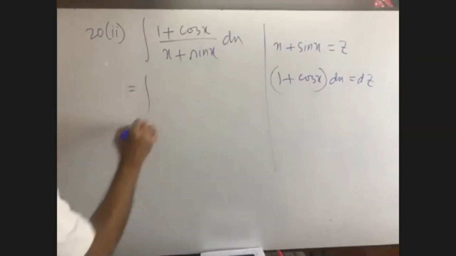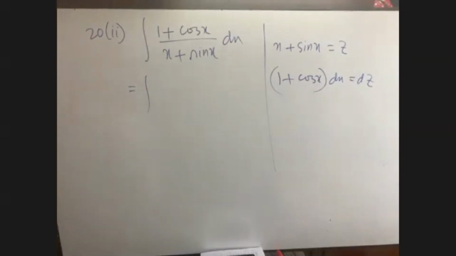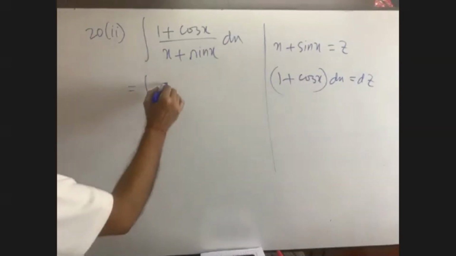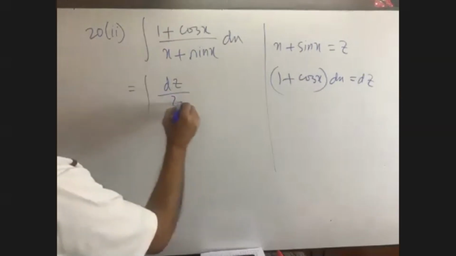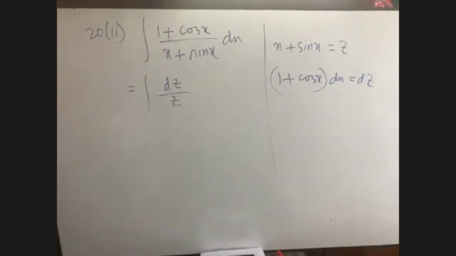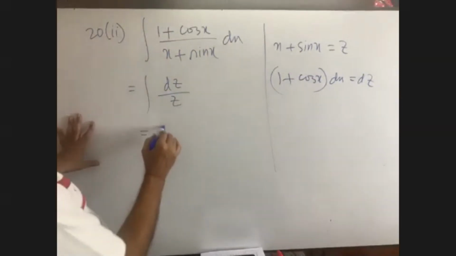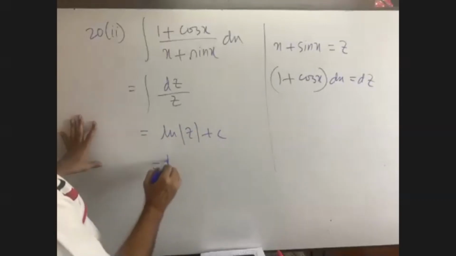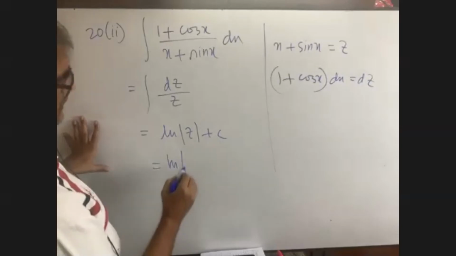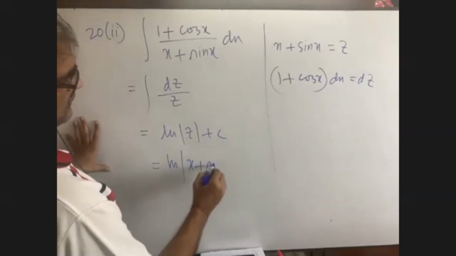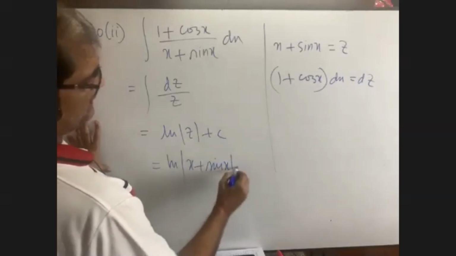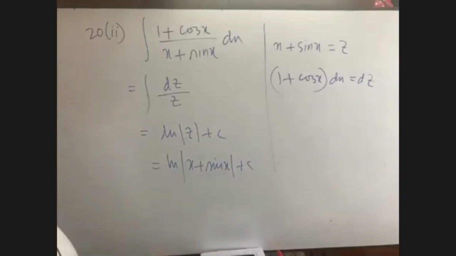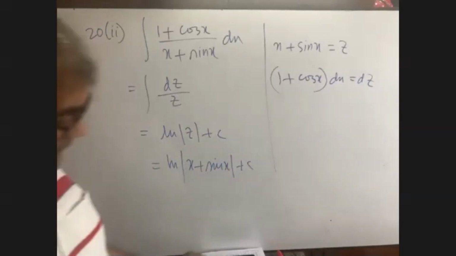Now we have the numerator 1 plus cos x dx as dz, and the denominator is only z, right? So it is ln z plus c. What is the value of z? It is x plus sin x. We are getting the math really very easy. Very interesting math.